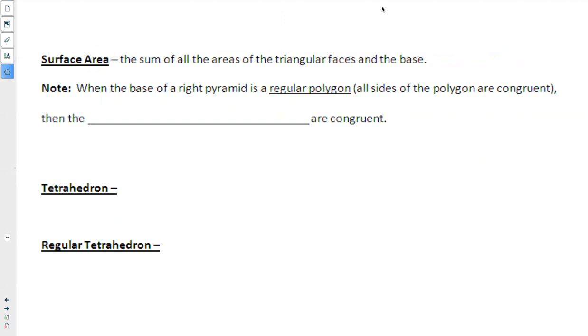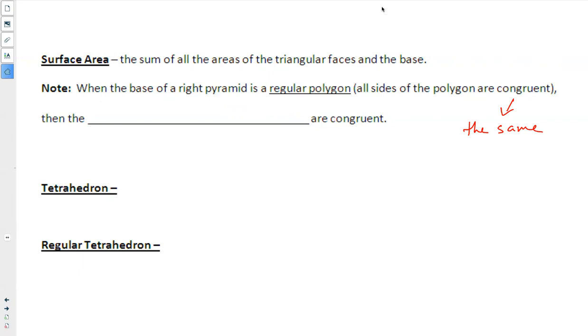So just a note here. When the base of a right pyramid is a regular polygon, this is where all sides of the polygon are congruent. What we mean by congruent is the same. So if it's a pentagon, all 5 sides are going to be the same length, or if it's a square, it will be a regular polygon.